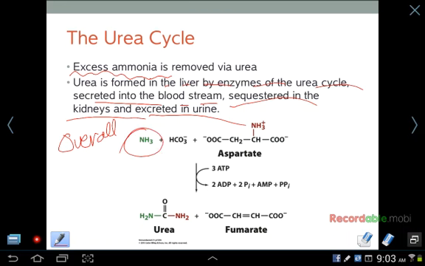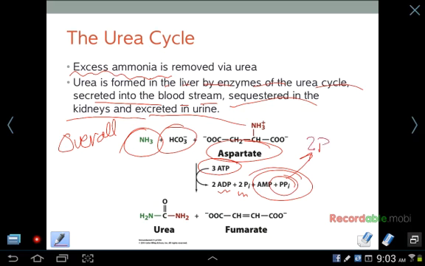We have our free ammonia, bicarbonate, and aspartate. We utilize 3 ATP molecules. We are going to dephosphorylate 2 of those ATPs into ADP and 2 inorganic phosphates, but one of those ATPs is going to get dephosphorylated into AMP and PPi. And remember, PPi will spontaneously hydrolyze into 2 inorganic phosphates.